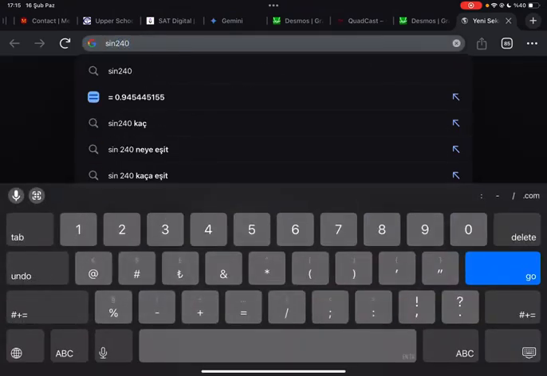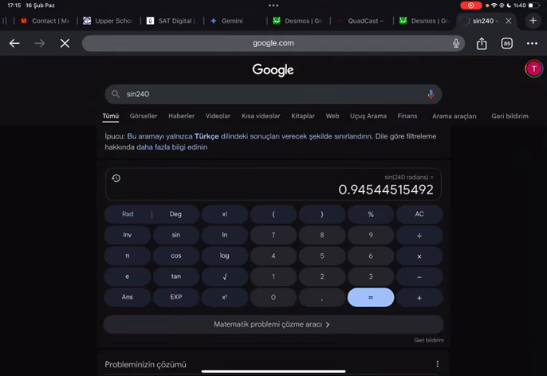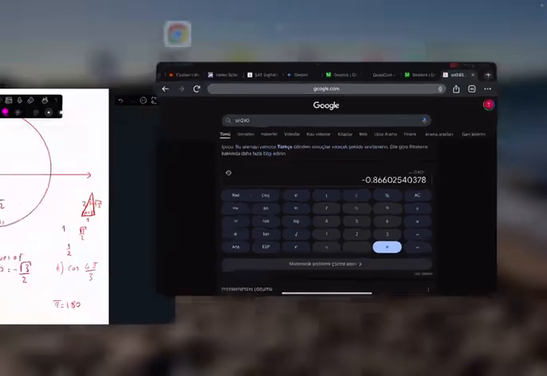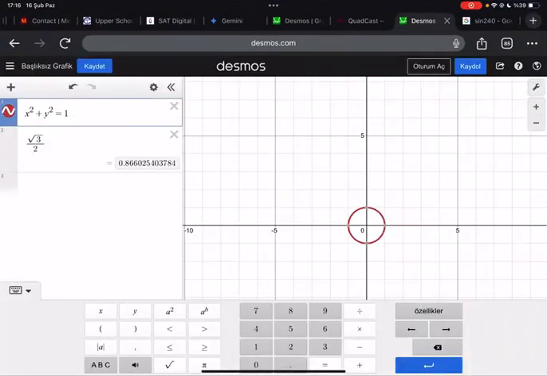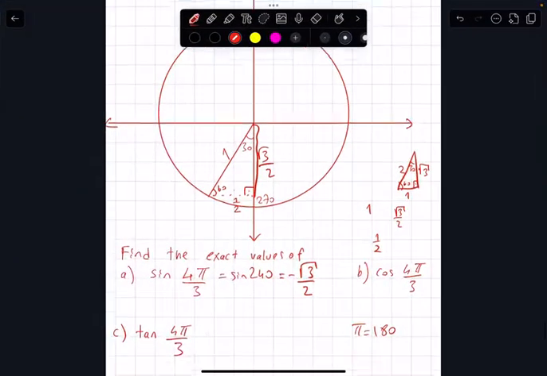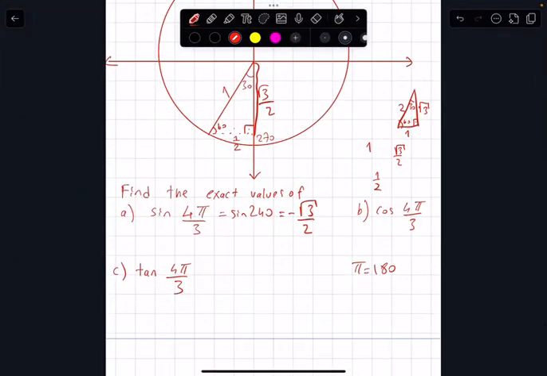Sine 240, yeah, 0.94. This is in radians. In degrees, let's do it again. In degrees, sine 240 is equal to, see, negative 0.86. Same with this one. In decimals, it's negative, right? So we are correct. Now let's find B.